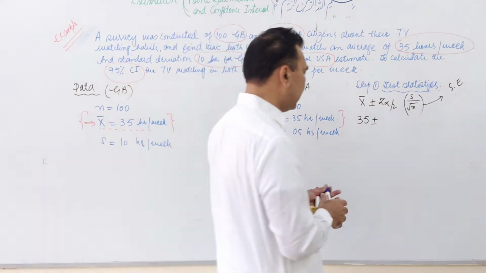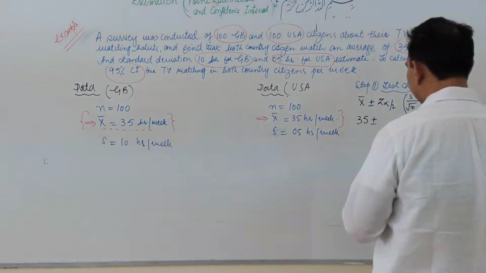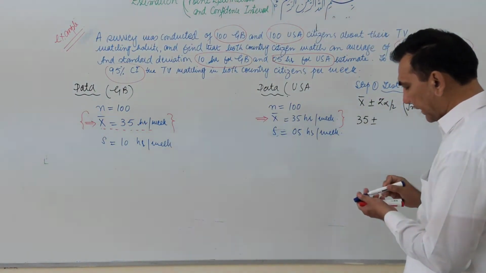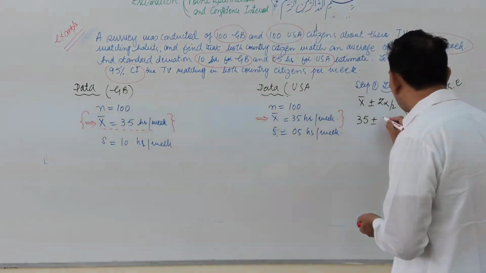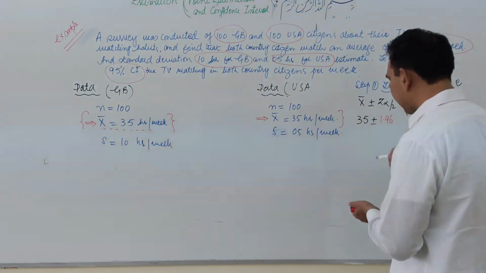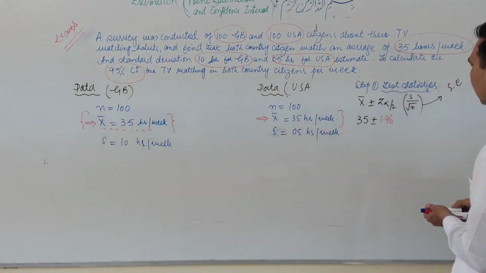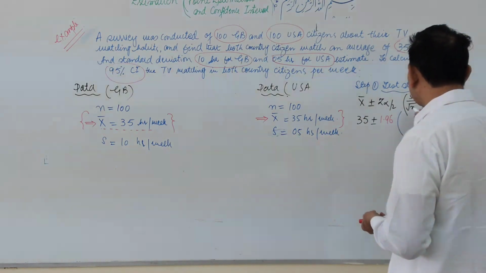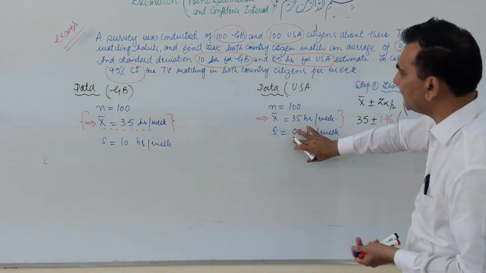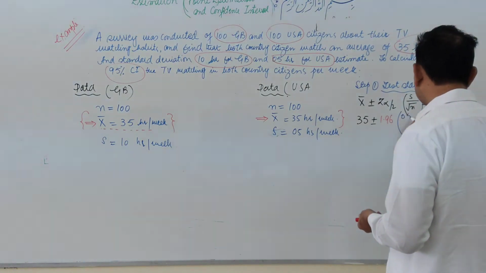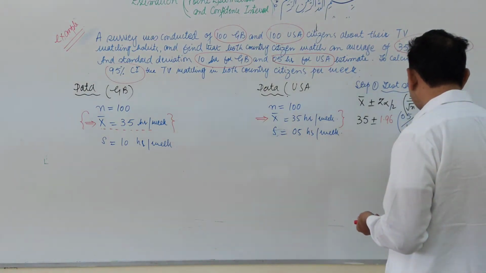So now what is z alpha by 2? The value of z alpha by 2 over here is 1.96. Now what is the standard deviation for the USA? 5 hours, divided by the square root of 100.